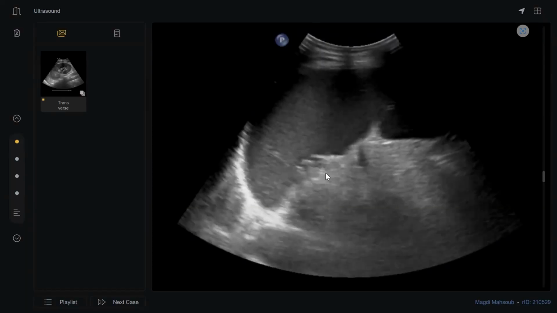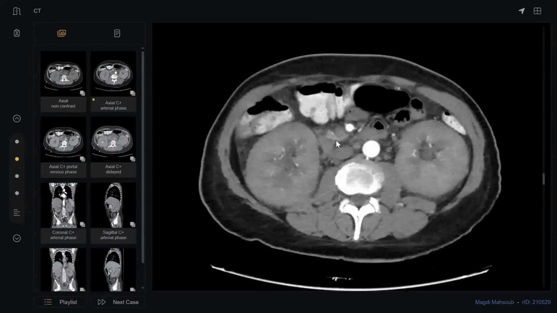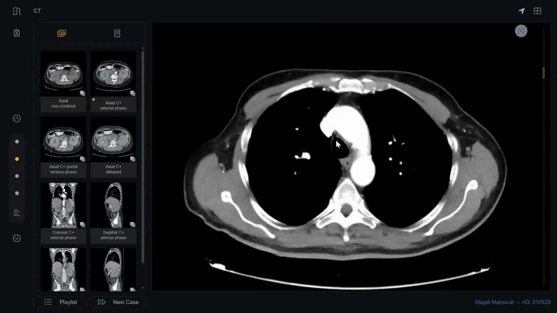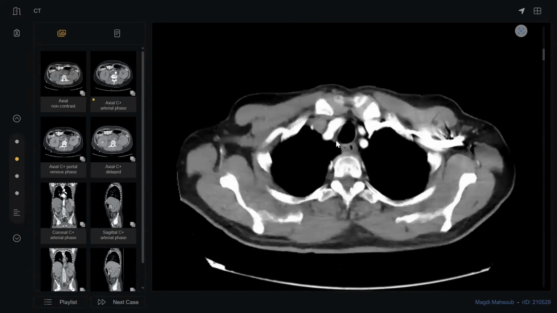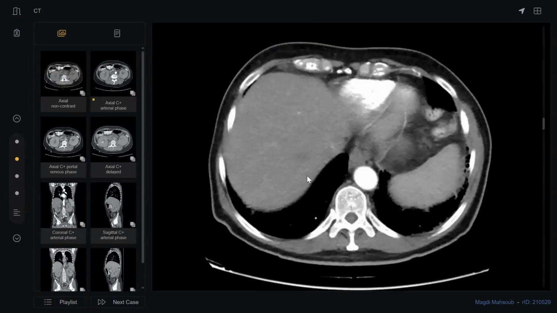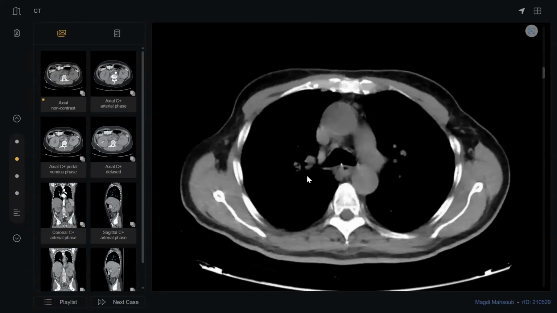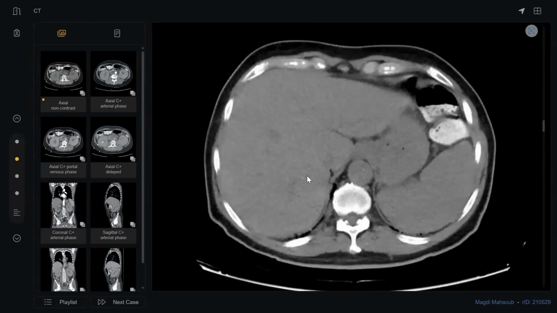The spleen looks enlarged. I would like to do CT. This is a CT. Before going inside the exam and giving a definite diagnosis, look at the mistake you made. You looked at the non-contrast and then gave me a definite diagnosis.